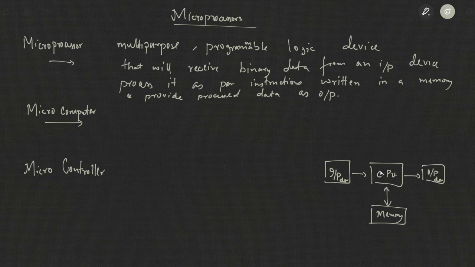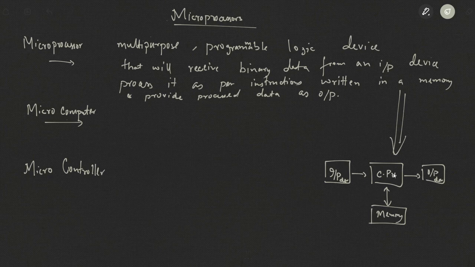There is a central processing unit. This central processing unit is the programmable device that will receive binary data, process that data using the instructions that are already written onto the memory, and send it to the output device. This central processing unit can be interfaced with a number of input devices and a number of output devices.